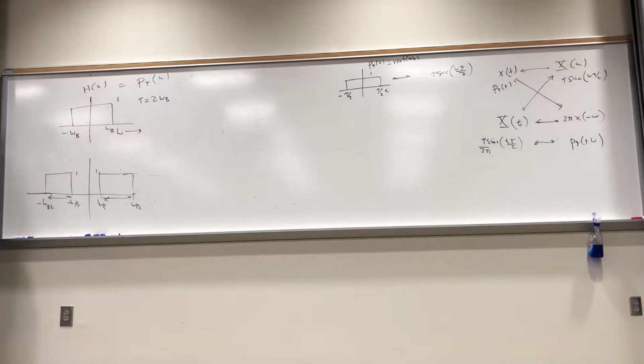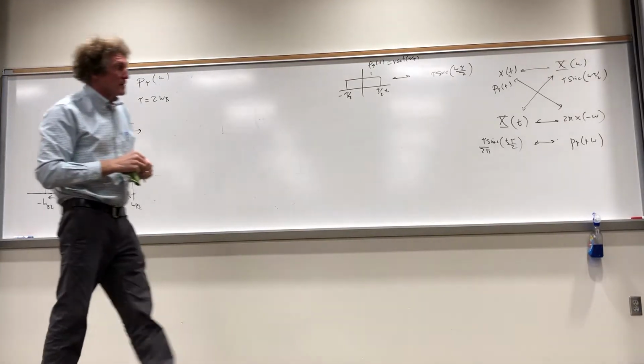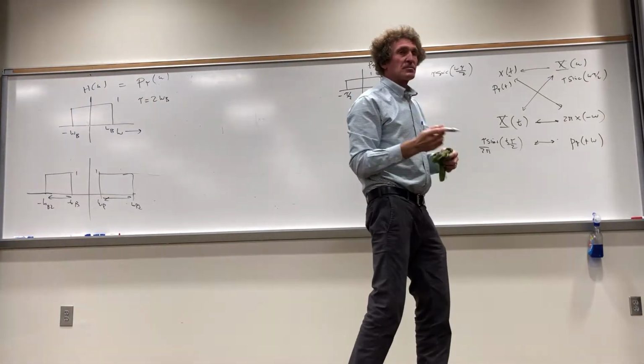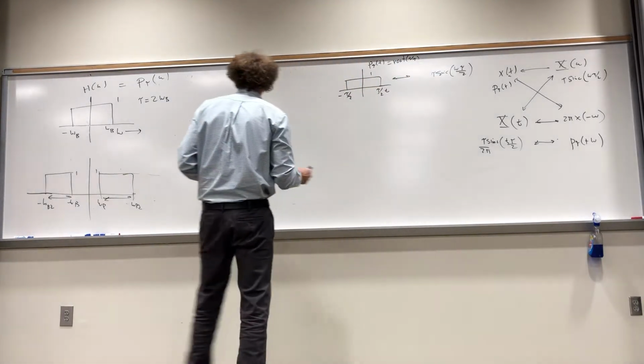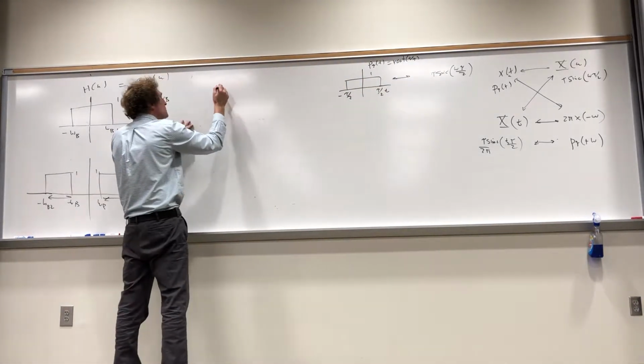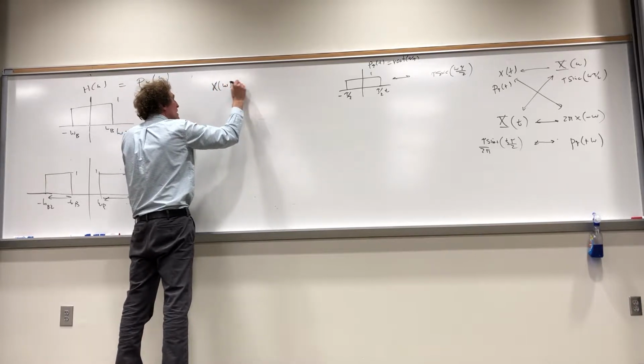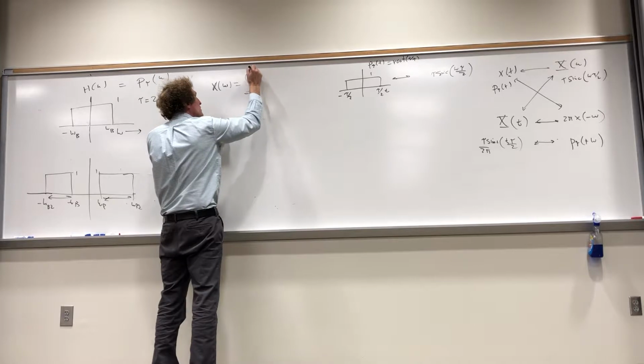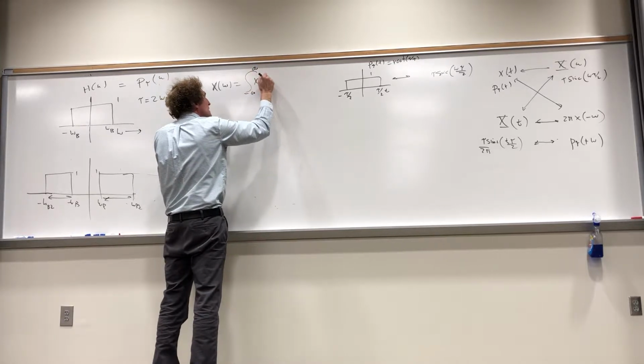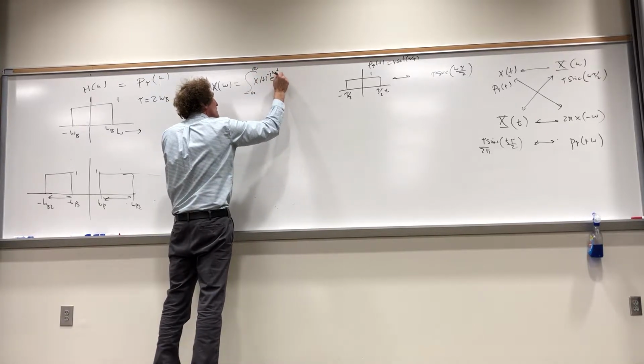Yes, sir. So, where do that 2 pi and the negative come from? This is when we took the fundamental definitions of the transforms. I'm not going to spend too much time on this, I'll just put it here. When we had capital X of omega, it's the integral from minus infinity to infinity of x of t times e to the minus j omega t dt.